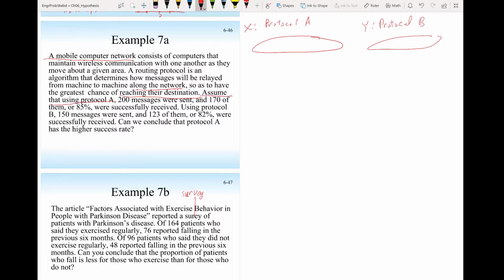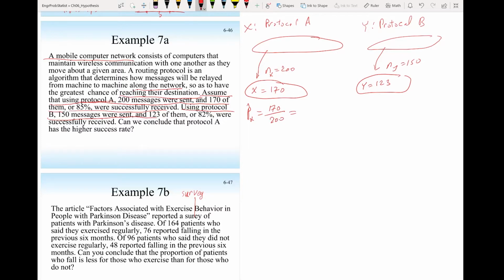Assume that using protocol A, 200 messages were sent and 170 of them were successfully received. So Nx is 200 and the number of successes X equals 170. Using protocol B, 150 messages were sent and 123 of them were successfully received. So Y is 123. Here we estimate the proportion of X as 170 divided by 200, and this should give us 0.85.